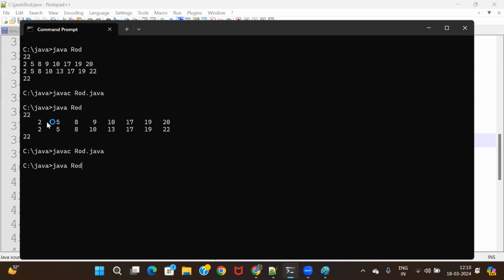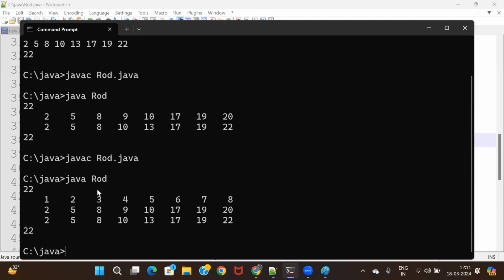You got the solution already, which is 22. For length 1, price is 2, profit is 2. For length 2, price is 5, profit is 5. For length 3, price is 8, profit is 8. For length 4, price 9, profit 10. For length 5, price 10, profit 13. For length 6, both are same. For length 7, both are same. For length 8, it is 20 and 22. Okay. Hope you understand it.